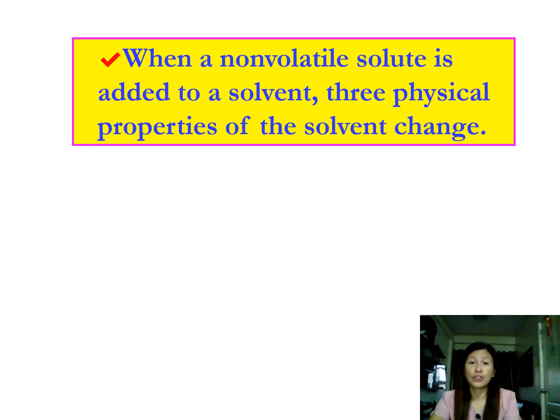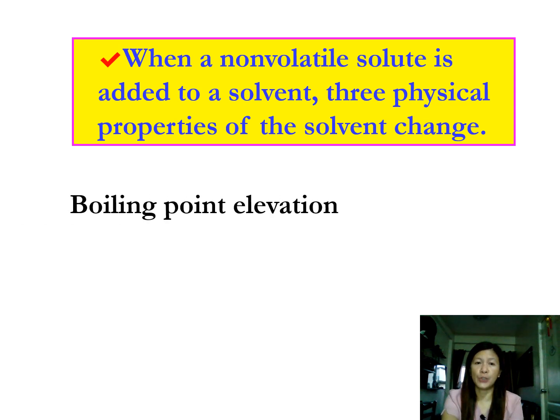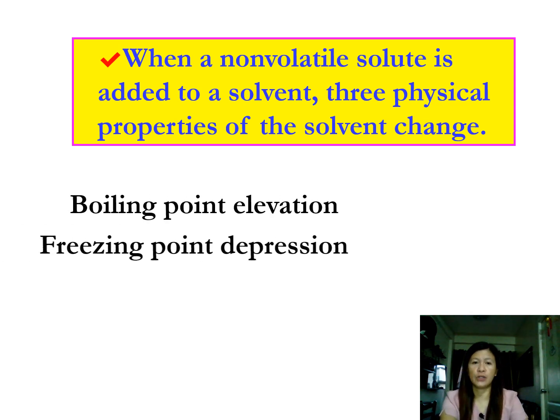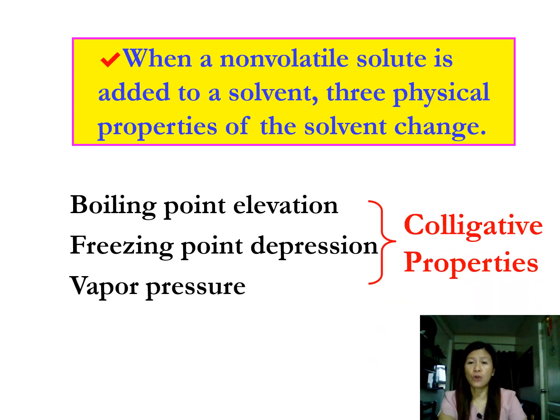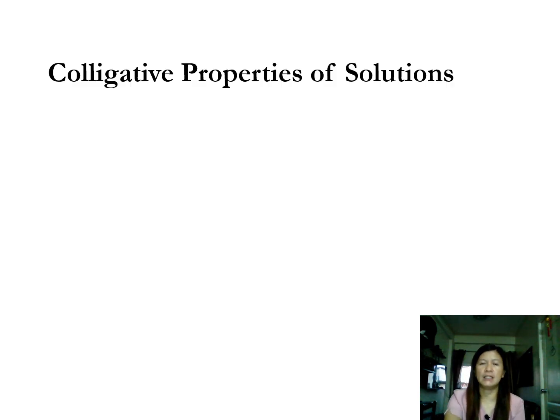When a non-volatile solute is added to a solvent, three physical properties of the solvent in particular change. These properties are known as boiling point elevation, freezing point depression, and vapor pressure. These are also known as colligative properties. What are colligative properties?